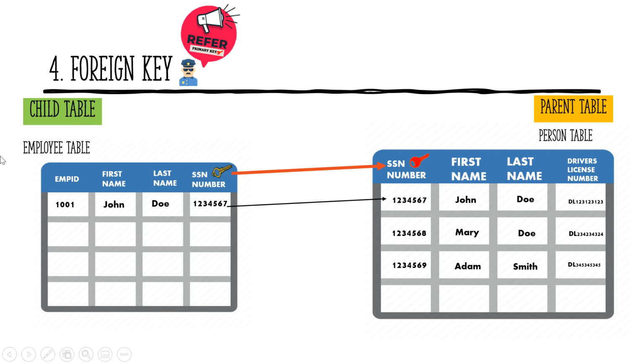So let's take a look at what's happening here. The foreign key is checking if the value is in the parent table or not. If it exists, it gets inserted.